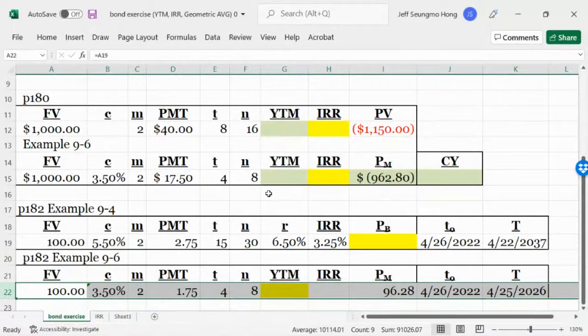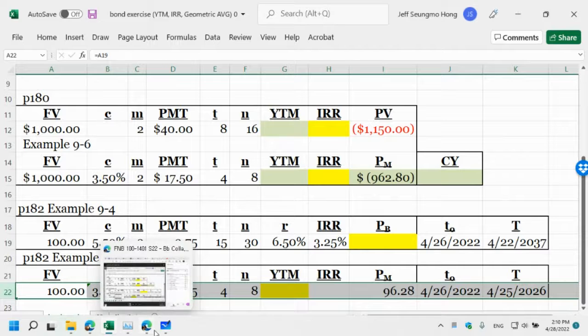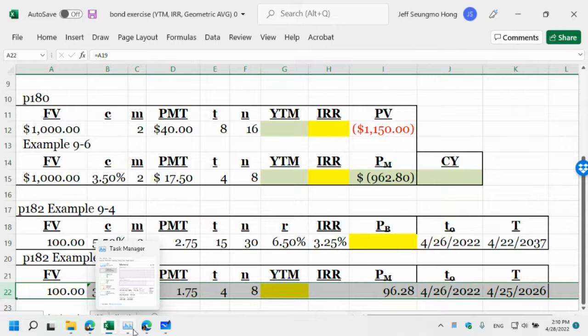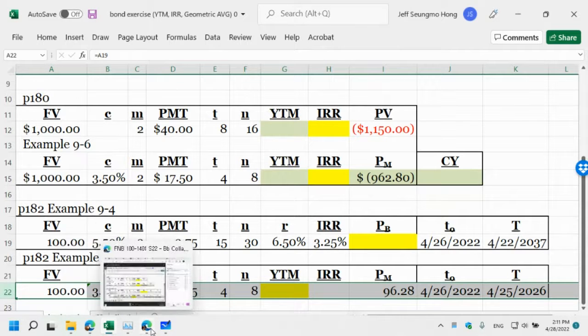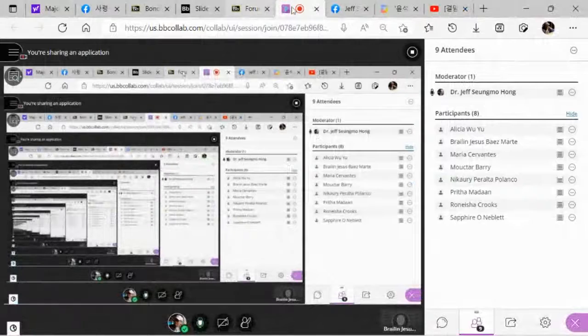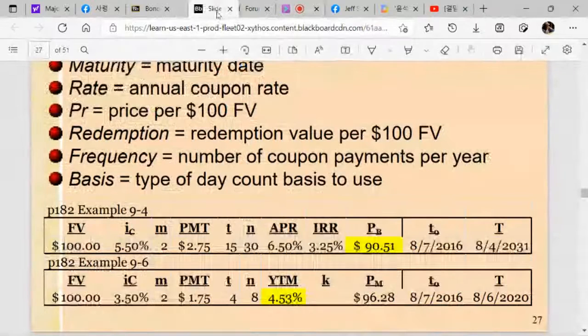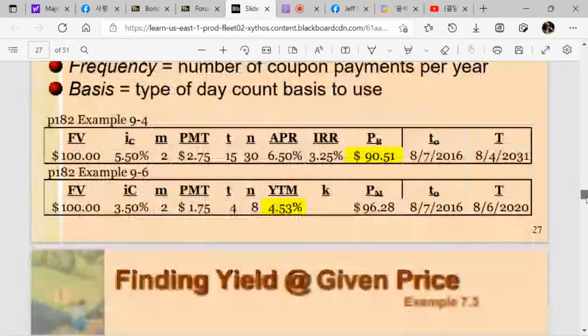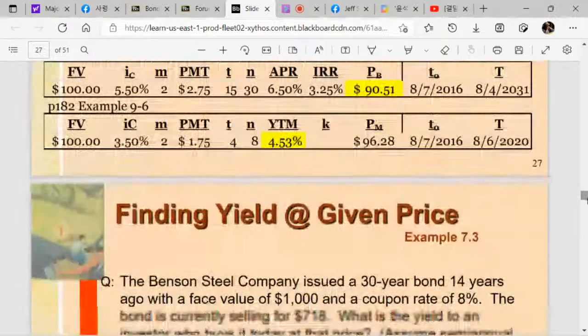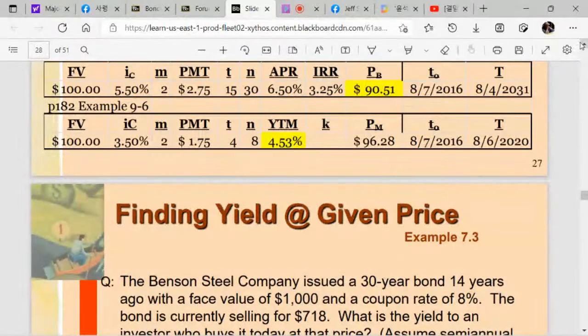If you have downloaded this file, please open it. We're in the slide. Here's that example.